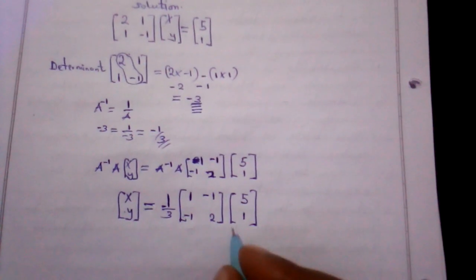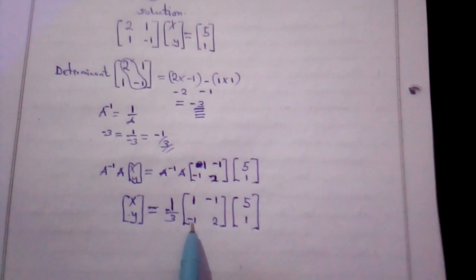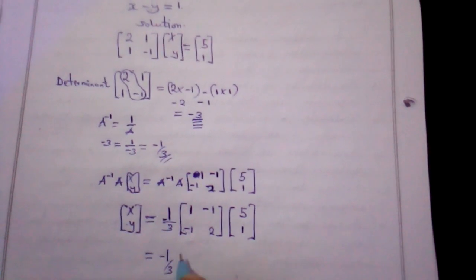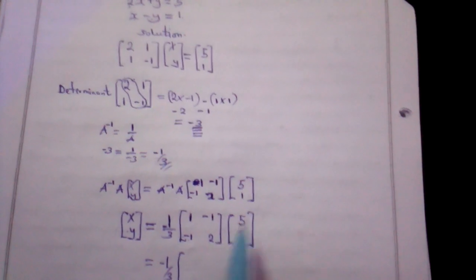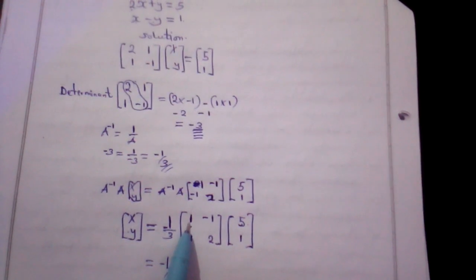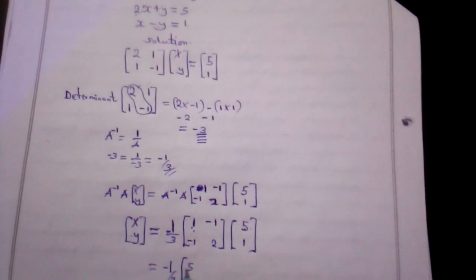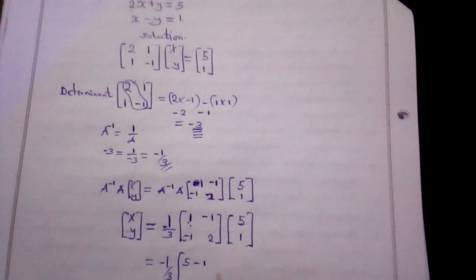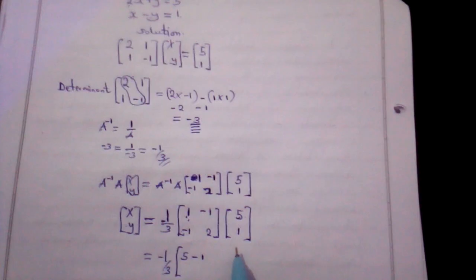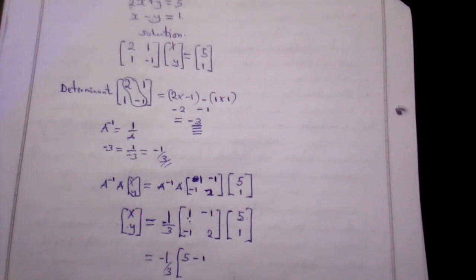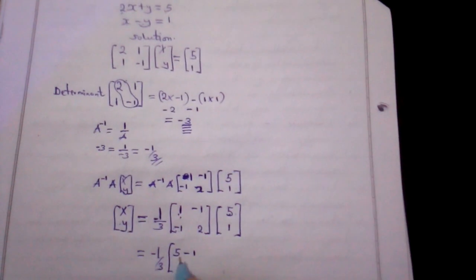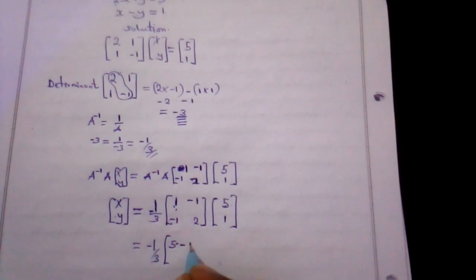Now from here we multiply. You take this, multiply with this. So just say negative 1 all over 3 into 5 times 1. 5 times 1 is the same as 5. So 5 minus 1, and minus minus will be plus 1.